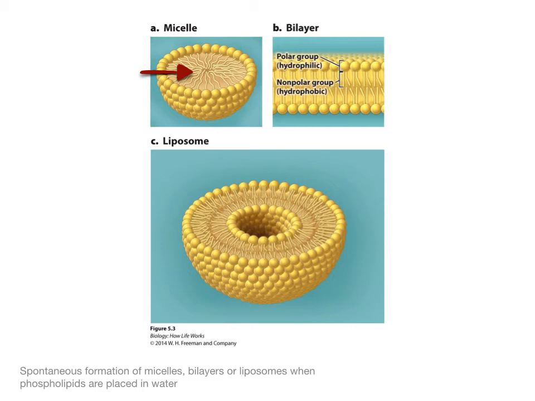Micelle formation is most often seen with fatty acids, simple fatty acids, while when you have phospholipids, because they're a bit bigger, they will more spontaneously form bilayers, like the structures shown here. In fact, a bilayer forms where the hydrophilic heads will be in contact with the watery environment.